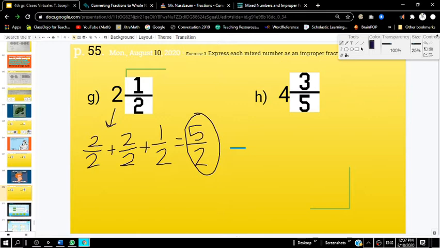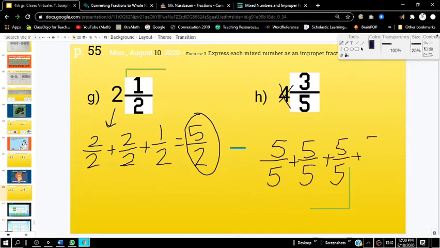Letter H says 4 3/5. Well, I know that instead of 4, I'm going to represent my whole numbers as fractions, which could be 5 over 5 plus 5 over 5 plus 5 over 5 plus 5 over 5. You'll notice I wrote that 4 times because we have 4 whole numbers.